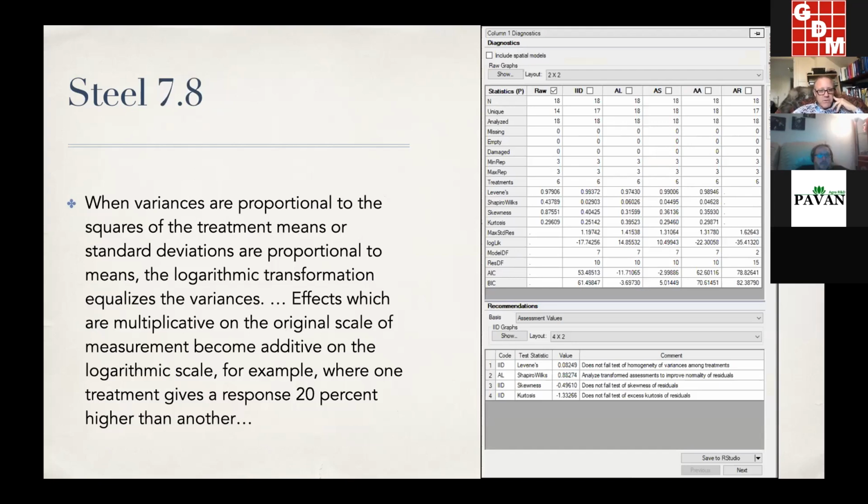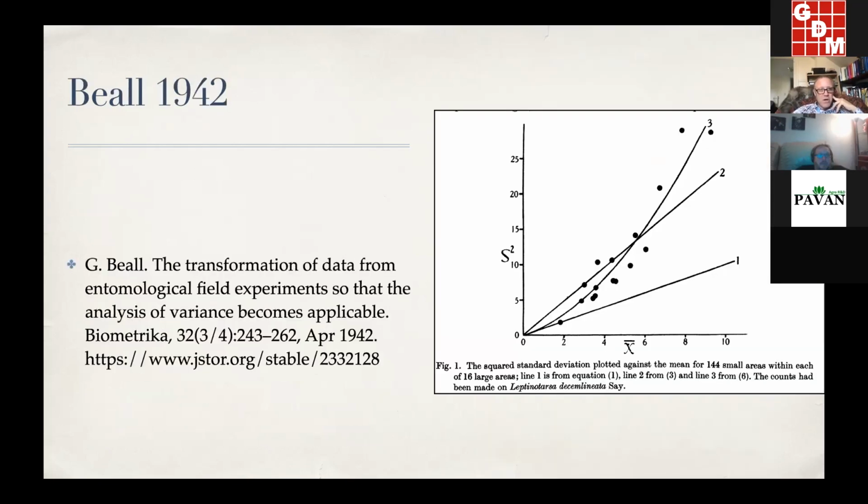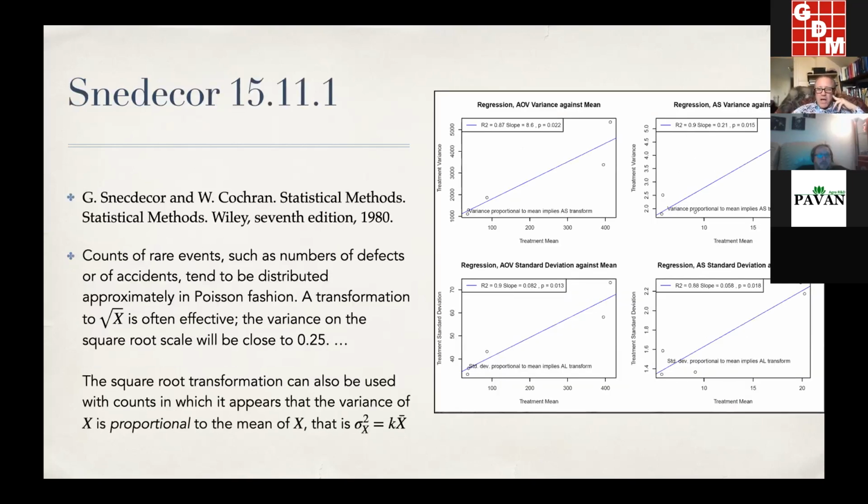Steel and Torrie, section 7.8, is another reference I included in here. I started developing the idea of the mean versus standard deviation plots. I found one in the Bartlett paper in 1947. This is a reference from agricultural field experiments, so insect count data, and when transformations are necessary. Snedecor and Cochran is another reference for when transformations should be applied, and it's one I'm using to develop these ideas of plots of the standard deviation versus the mean.